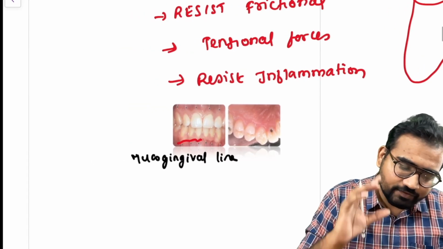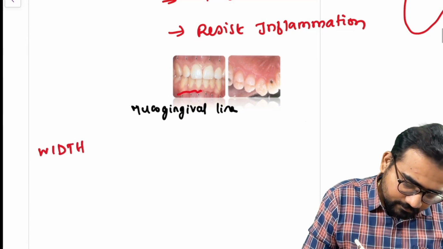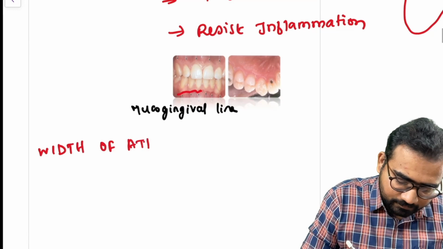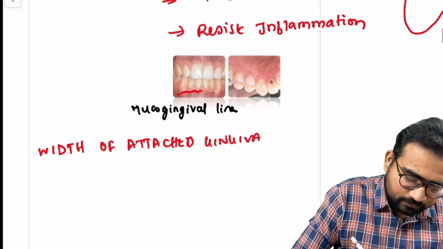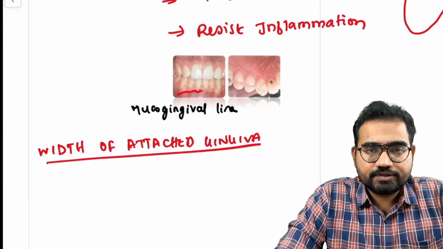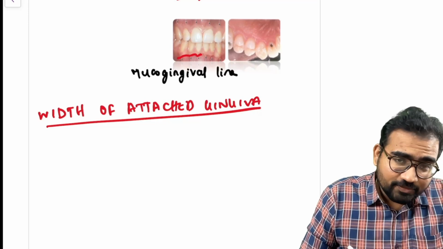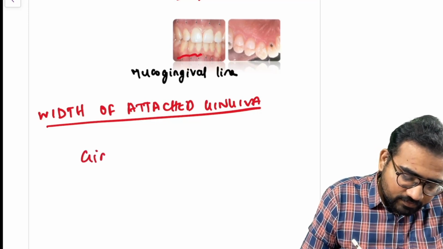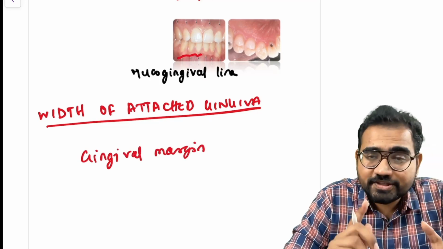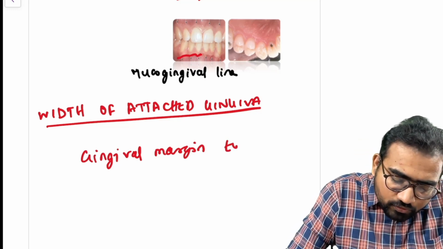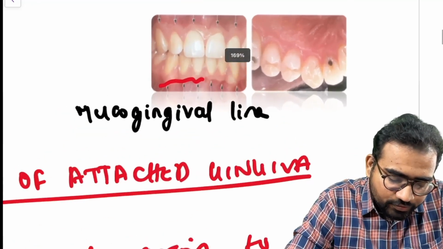Now, how to calculate this attached gingiva? How to calculate the width of attached gingiva? Very simple method. You have to measure the distance from the gingival margin to the mucogingival junction or the mucogingival junction line, which I've shown you here.